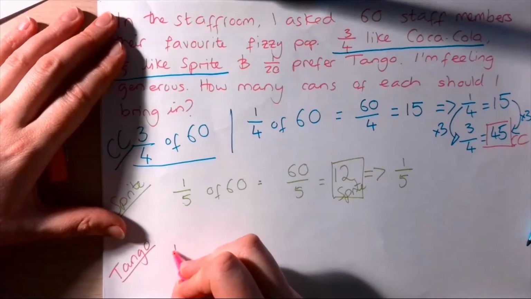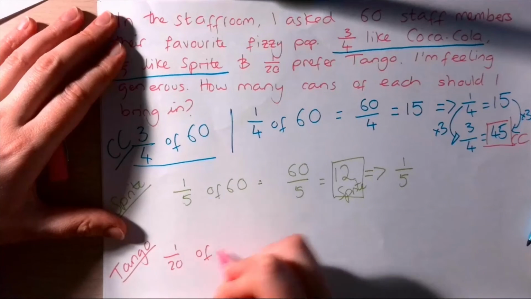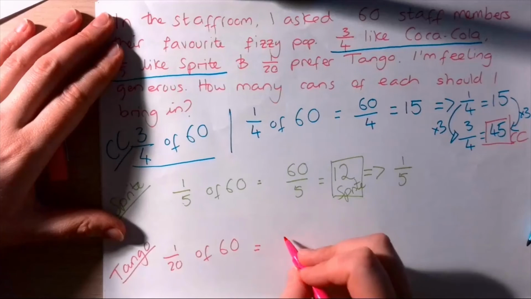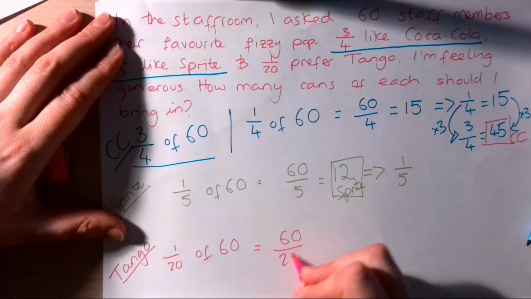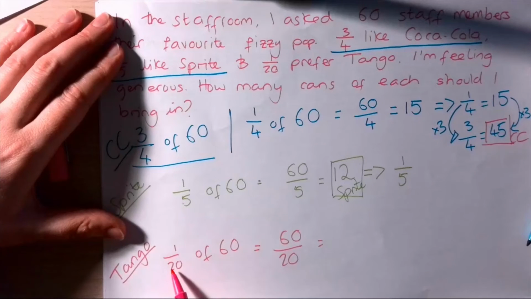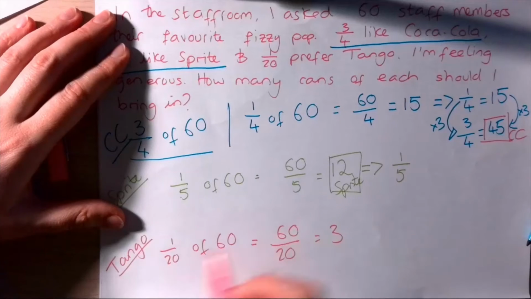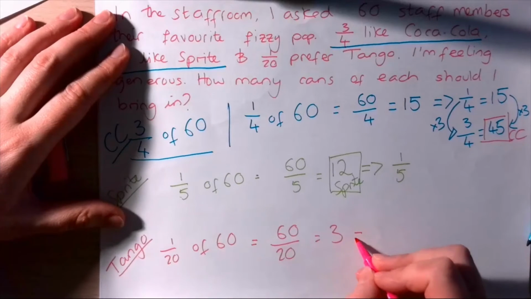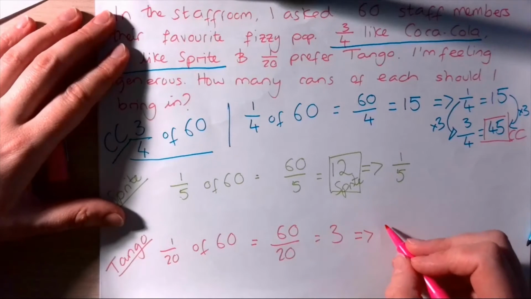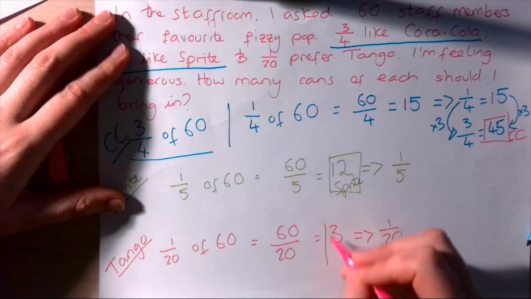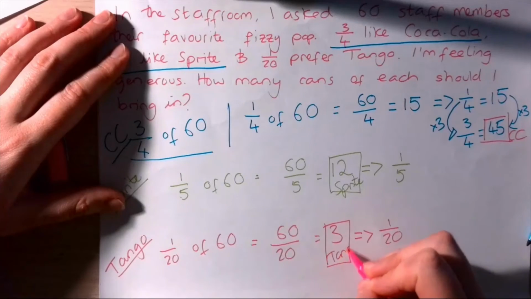So we've got 1/20th of 60, which is found by doing 60 divided by 20, because we're splitting it into 20 pieces, which is 3. And again, we're looking only for 1/20th. We're not looking for more than 1/20th, so 1/20th is 3, so we're looking just for 3 cans of Tango.